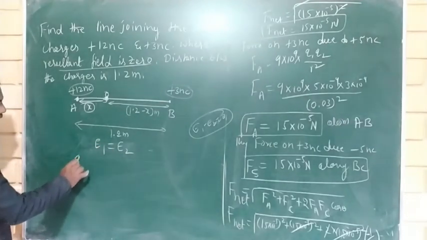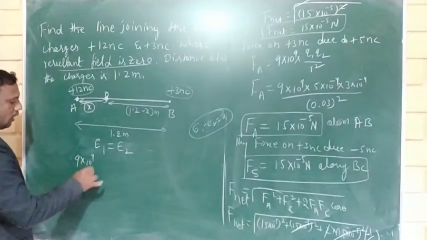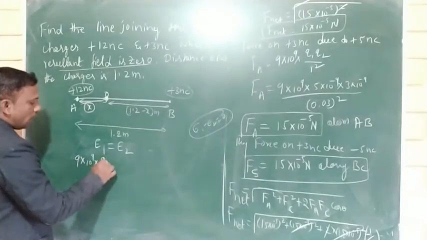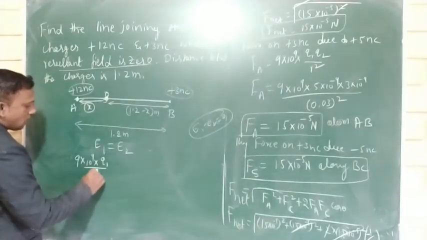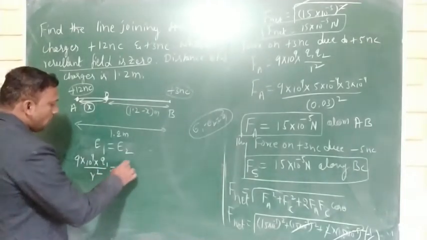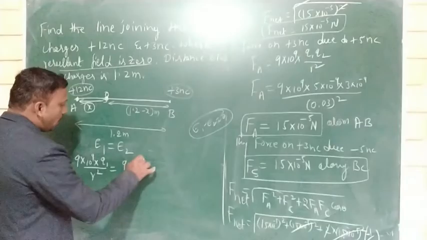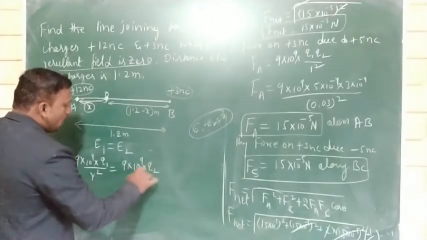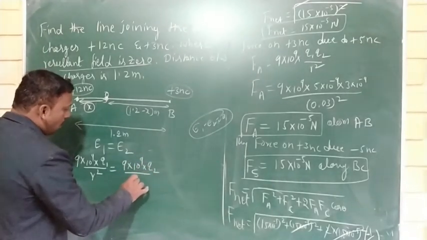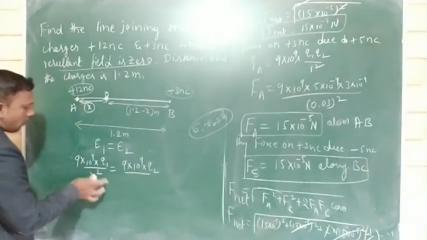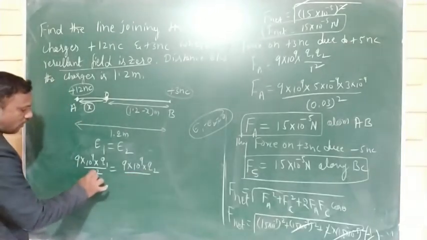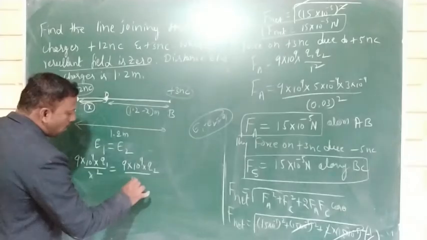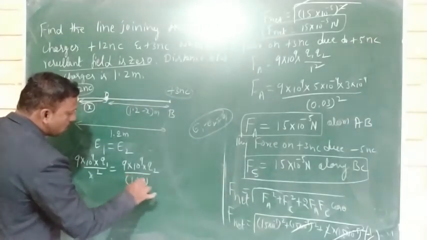E1 is equal to 9 into 10 to the power of 9 into Q1 divided by R square, which is equal to 9 into 10 to the power of 9 into Q2 divided by R square. Here it is not R square, it is x square and 1.2 minus x whole square.